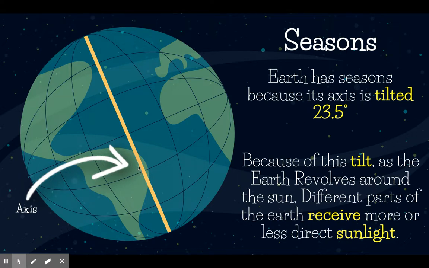So if you imagined what the Earth's axis would look like if it did go straight up and down like a flagpole, and then you measured to tilt it about 23.5 degrees, that's about the tilt of the Earth's axis. As the Earth revolves around the sun, different parts of the Earth receive more or less direct sunlight. And that is what causes the seasons.